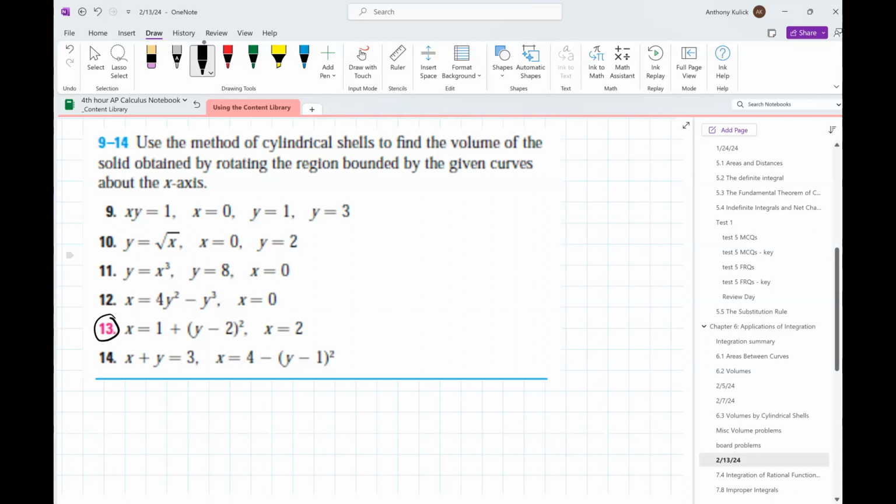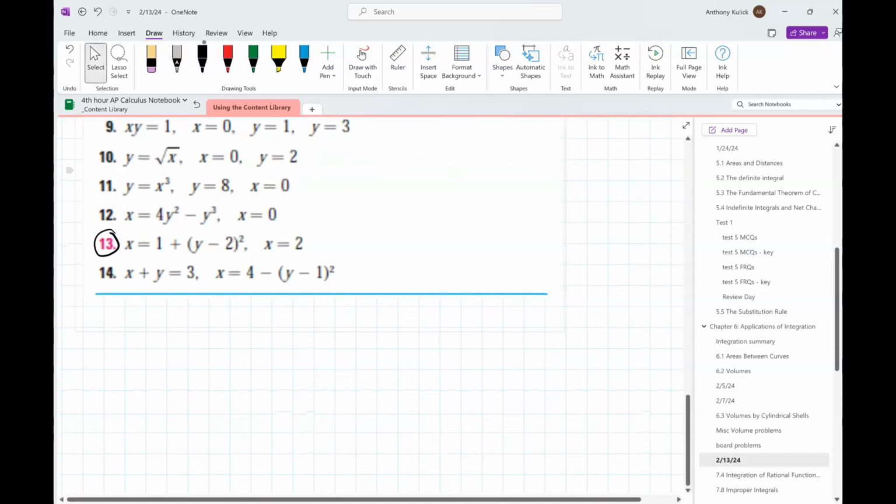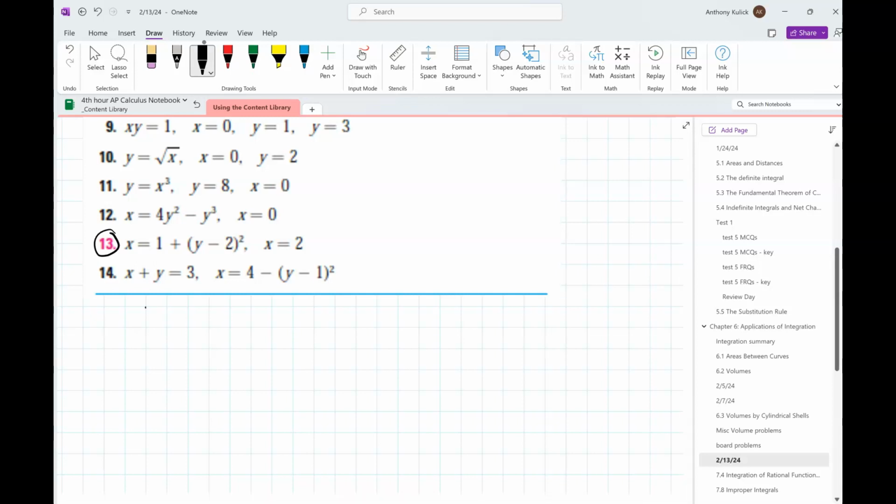All right, so let's start by drawing ourselves a picture. When I look at that function, x equals 1 plus and so on, what am I looking at there? Excellent. How did you know it's a parabola? Well, I made a y-x chart. When I see a variable squared and then the other variable to the first, I know it's going to be a parabola, right?